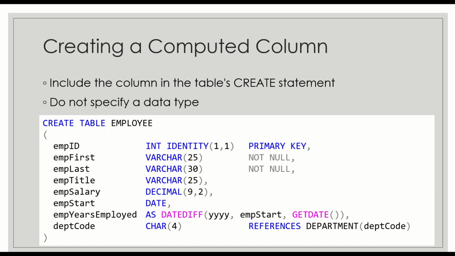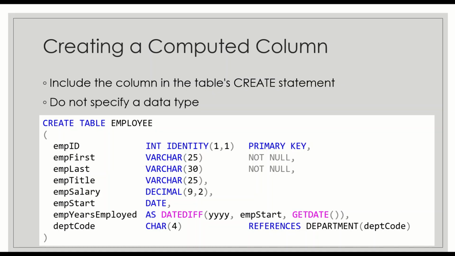In this first example, you can see how I've added a computed column to the create statement for the employee table. So we have added this field called emp years employed, and the purpose of this column is to tell us how many years each employee has been employed at the company. Now this is something that we want to calculate and not store.